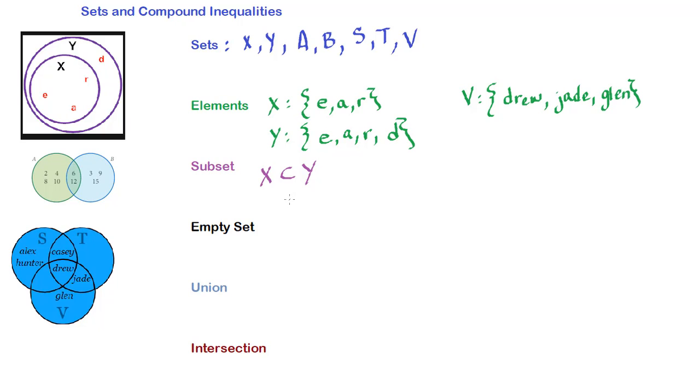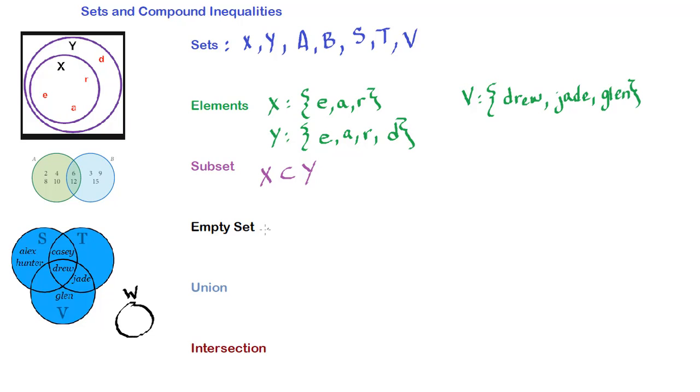We don't really have any others that are exact subsets, so we'll just let that go for now. Let's go ahead and go on to the empty set. The empty set means there's nothing inside. Don't really have one of those, so I'll just make one up. Let's just say I have this set W, and there he is. He's got nothing inside him.